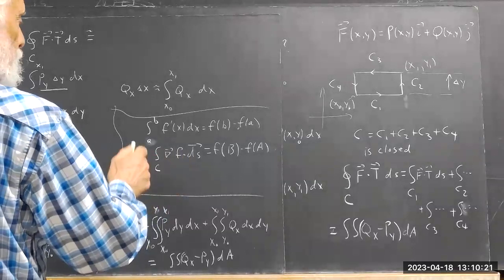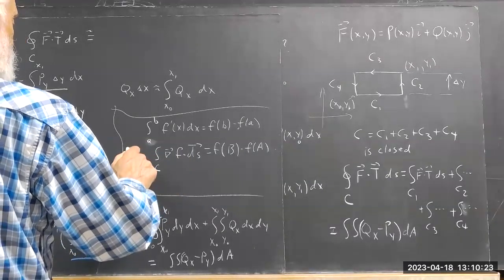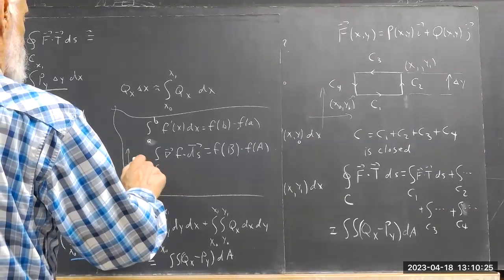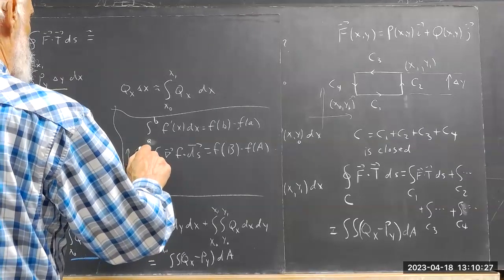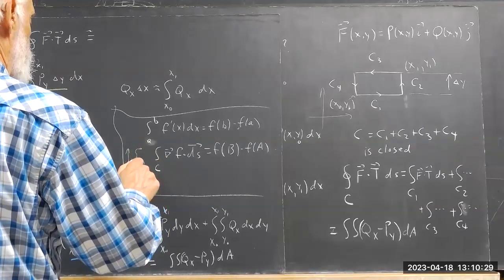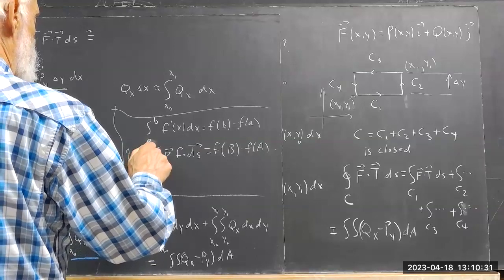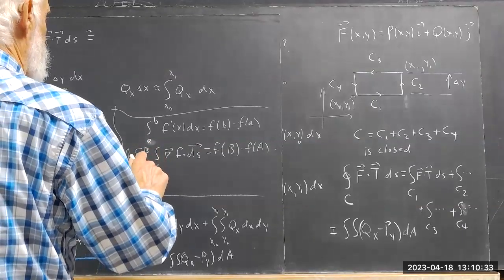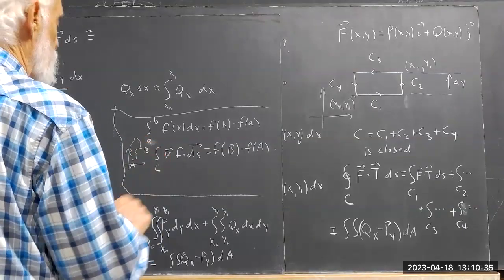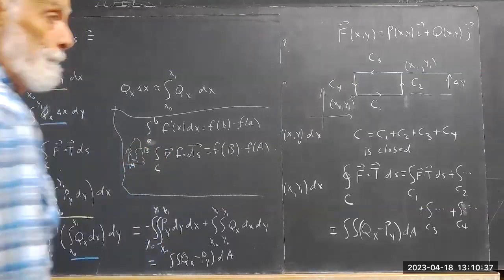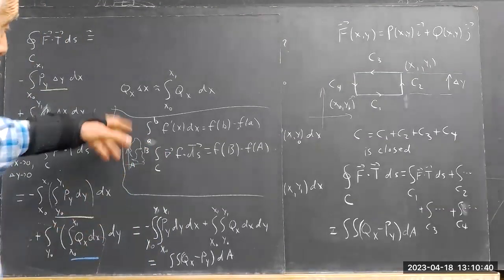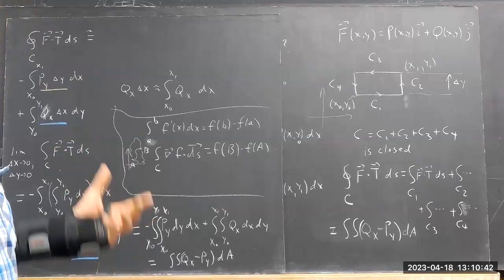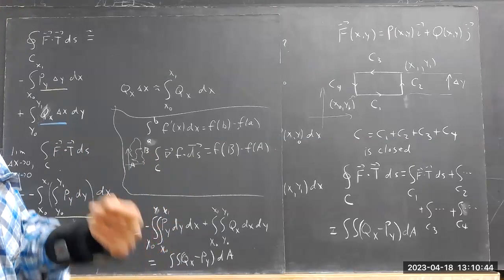Then our picture that goes with this is a path from point A to point B, and it doesn't matter what path you follow. So that kind of represents what you know about conservative functions.